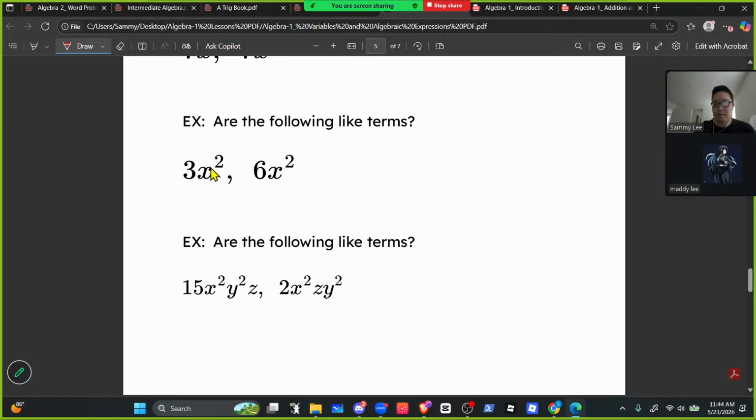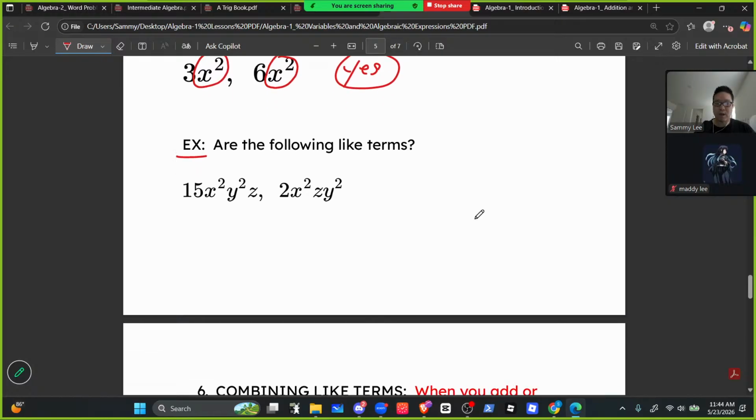Yeah, x squared, x squared. So these are like terms. What about this one? 15x squared times y squared times z and 2x squared z times y squared. No, not like terms. Because even though they all have x, y, z, the exponents are different.